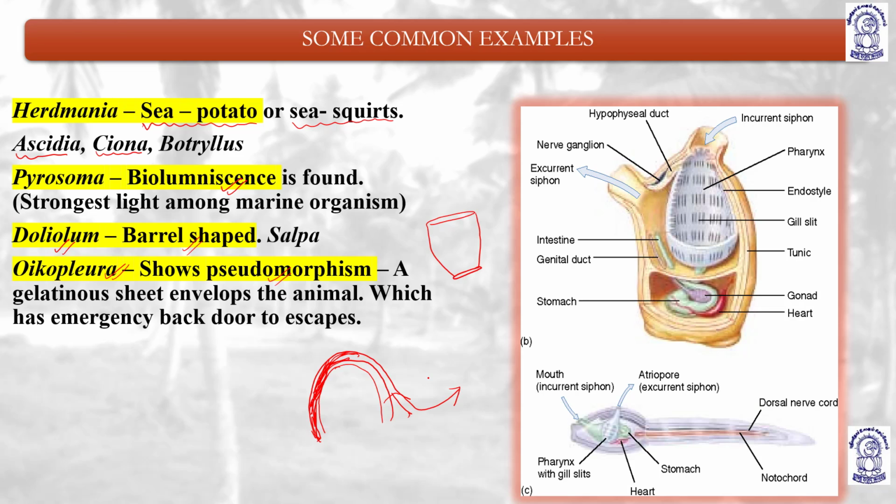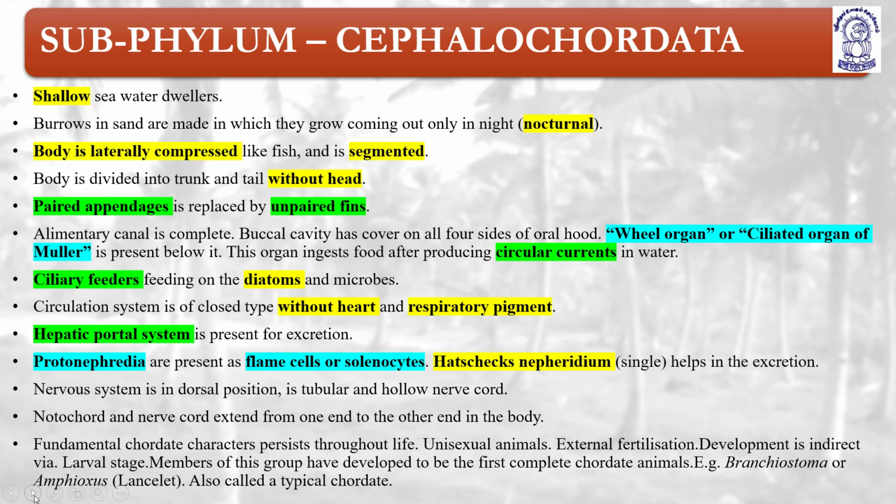A gelatinous sheet covers the animal, which has an emergency back door for escaping. These are some common examples: Herdmania, sea squirt or sea potato; Pyrosoma, which is bioluminescent; Doliolum, barrel shaped; and Oikopleura, which shows pseudomorphism. Is that understood? Okay, now coming to the next slide.